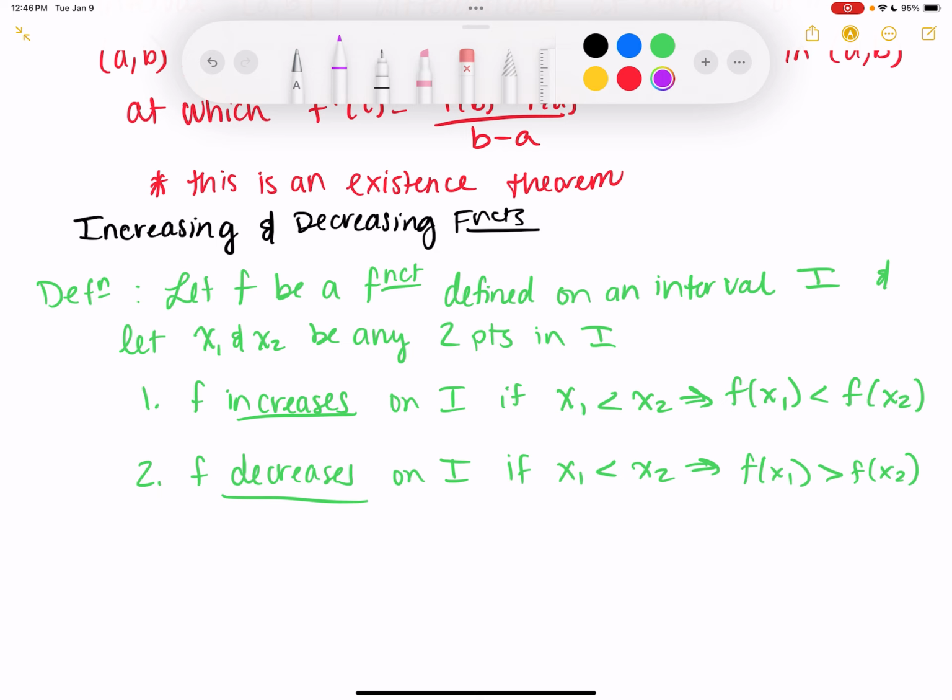All right, the mean value theorem allows us to identify exactly where graphs rise and fall.